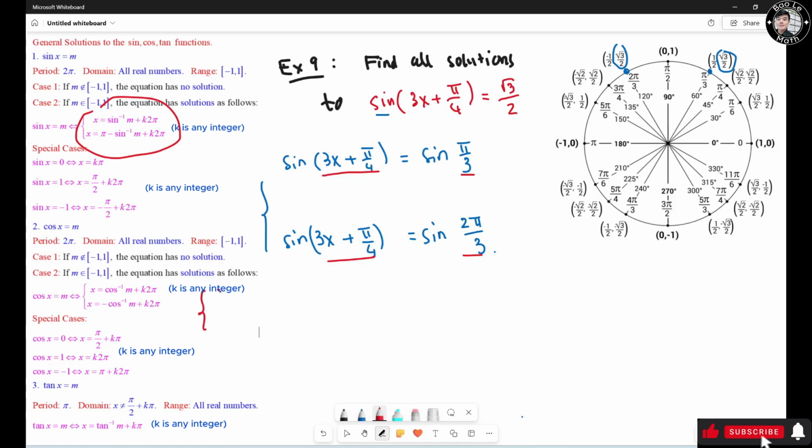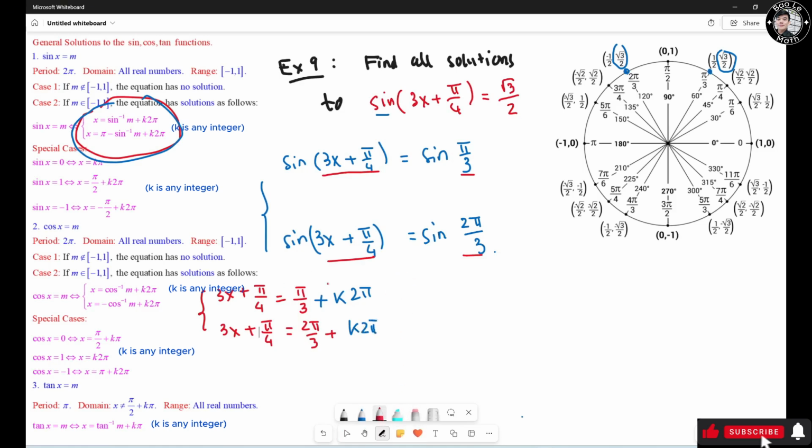The first one, 3s plus pi over 4 equals pi over 3. Don't forget to add k 2 pi, the formula right here. The second one, 3s plus pi over 4 equals 2 pi over 3 plus k 2 pi, right?